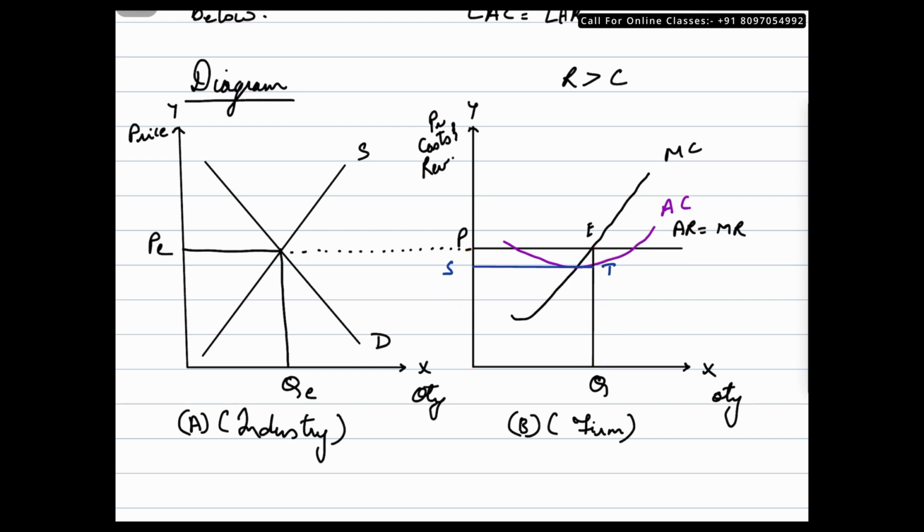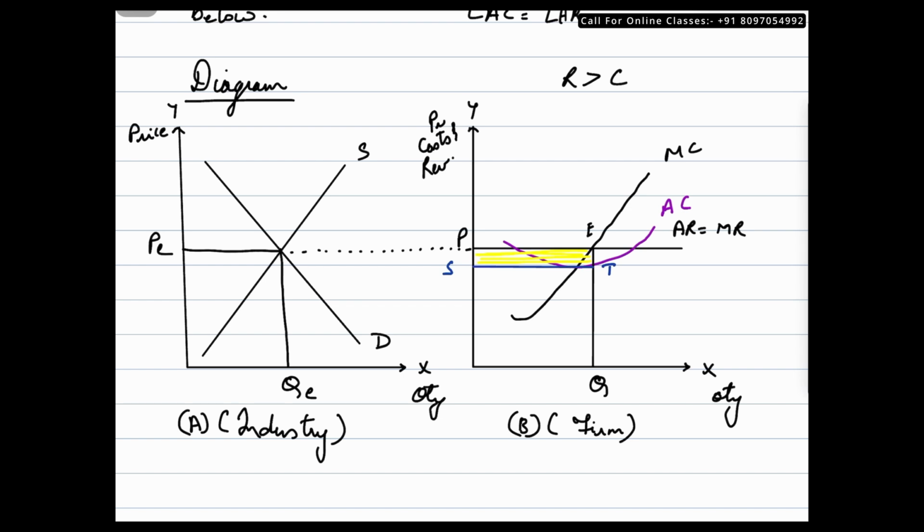So we can clearly see that the revenue is greater than the costs at this level, indicating that the firm is making supernormal profits equivalent to this entire region. Let me just shade it so that you all can see it clearly. So this entire shaded region is what the firm is making as supernormal profits.